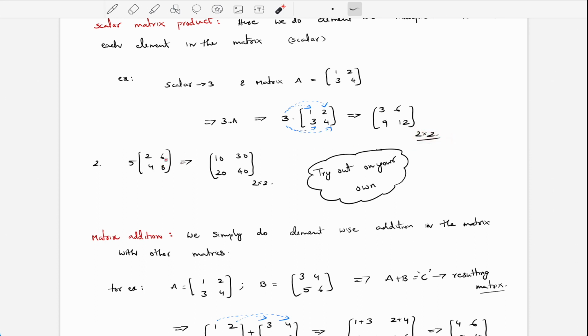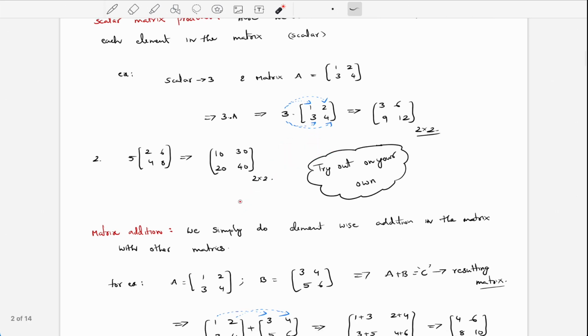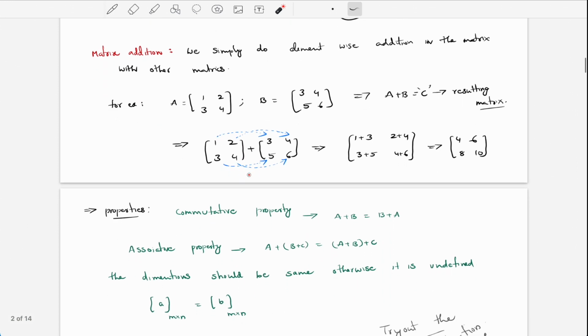I have given another example also, where we have a scalar 5 and a matrix, and we do element-wise multiplication and get the output. You can try out your own examples, like a 3 by 3, or if you didn't get it, just comment down below and I'll do it again.